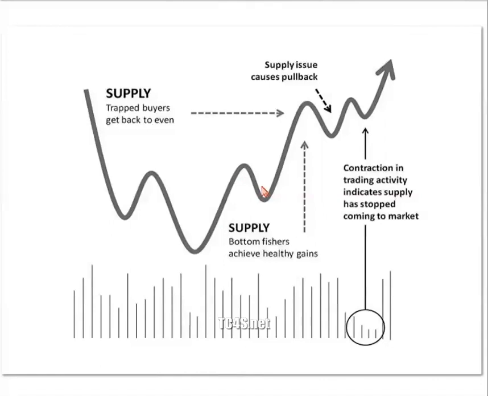Well, if institutions are going to accumulate this stock and keep accumulating it as it corrects, what's going to happen is they're going to eat through this short-term supply. These are short-term oriented people that eventually are going to get absorbed. When they're finally absorbed, the stock starts quieting down, and that's where the volume will come in, and that's where you have supply stops coming to market.